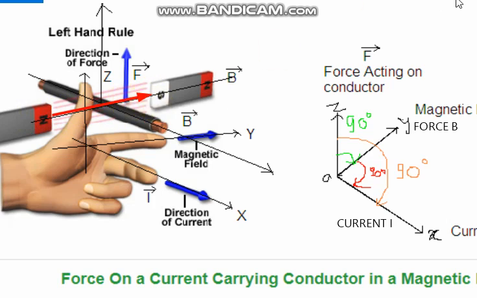So this is the direction of B, and this is a current carrying wire which carries the current in this direction.